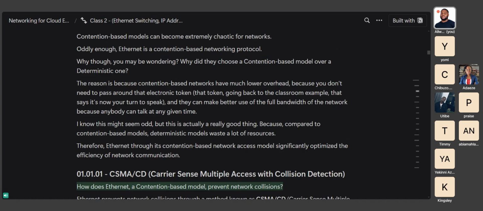Because you don't need to pass around that electronic token, going back to the classroom example, that says it's now your turn to speak. You don't need to pass that in a contention-based network access model. And they can make better use of all the bandwidth of the network because anybody can talk at any time. So I'm just using that analogy of people speaking in a classroom to make you understand what a contention-based network access model is like.